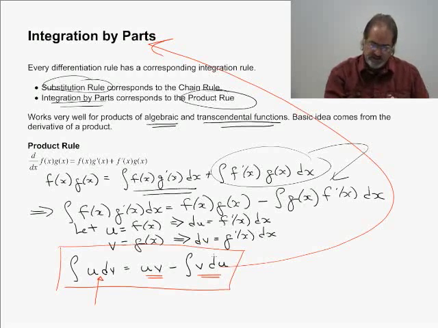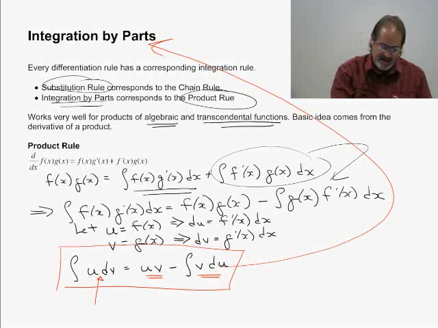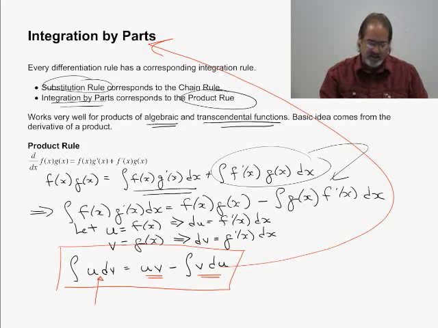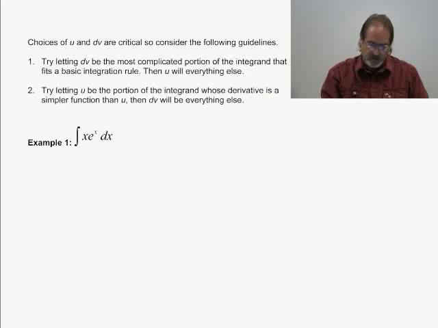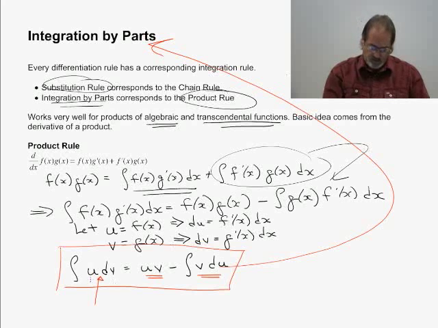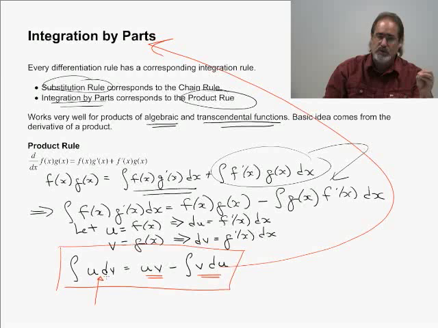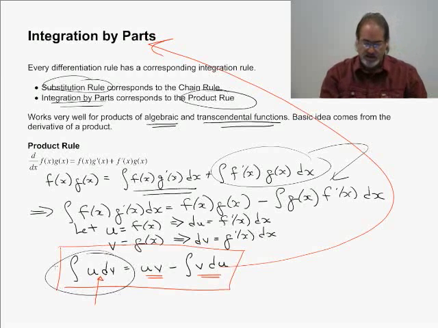So hold this idea. The choices of u and dv are extremely critical. Remember, I need the original function I'm trying to integrate to have the form of the integral of u times dv. So picking what part you're going to call u and what part you're going to call dv is extremely critical.